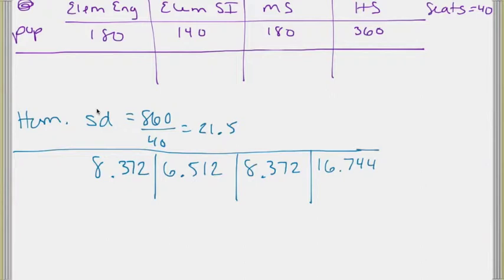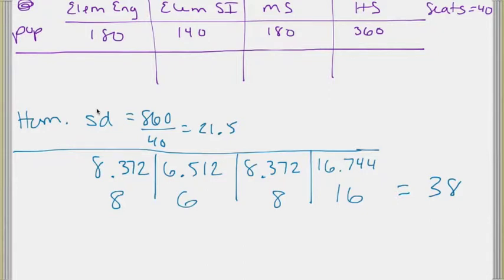Then, for Hamilton's method, we round everybody down. So 8, 6, 8, 16. And we see how many we've given out, which is 38. That means we have a surplus of 2.